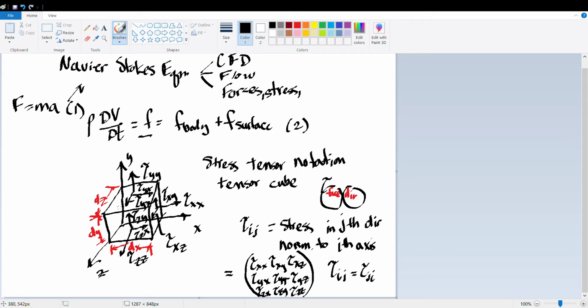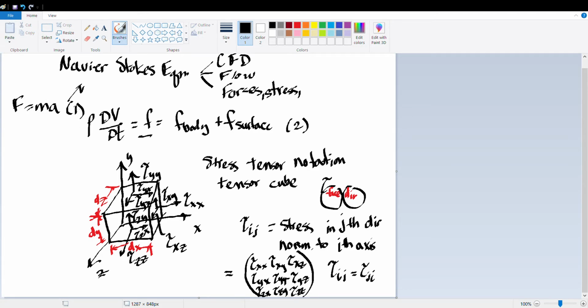For example, on the opposite face of this top y face, tau yx has its partner at the bottom, tau xy. So tau yx is the same as tau xy, and so forth.